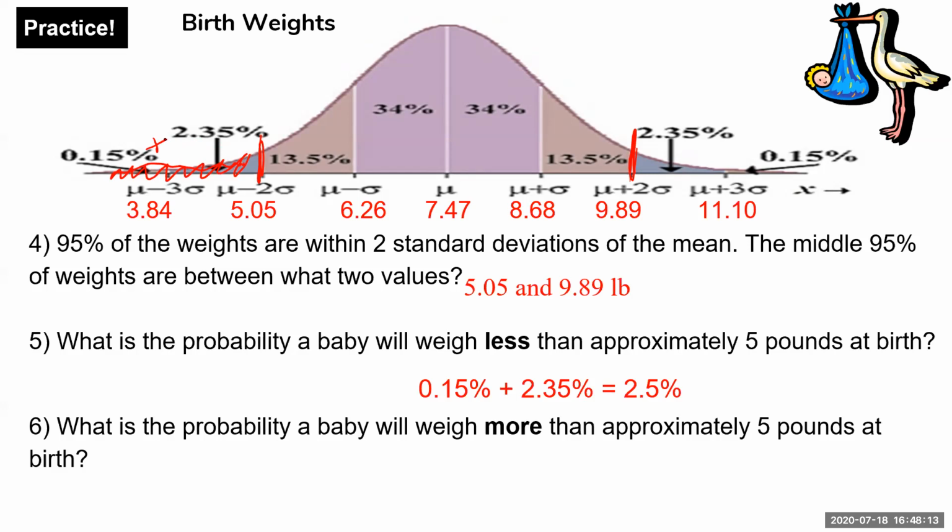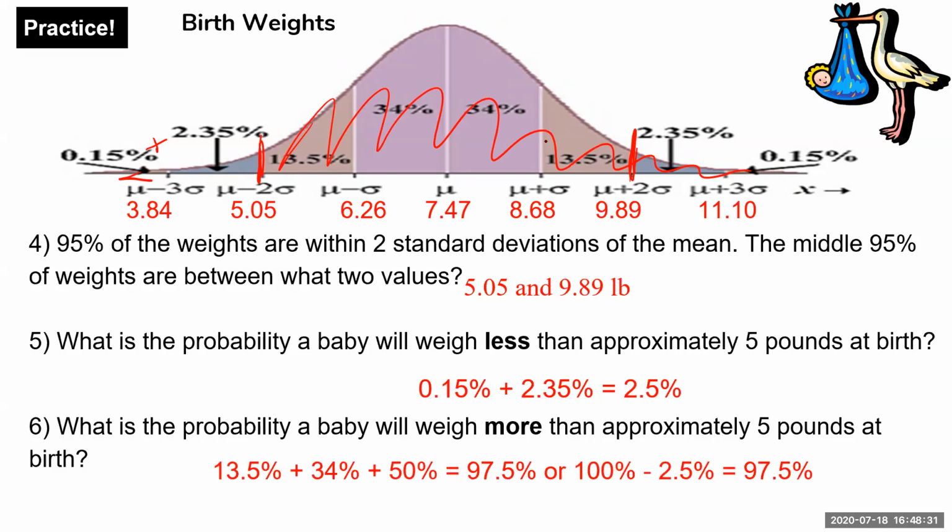What is the probability a baby will weigh more than 5 pounds? More than 5 pounds. So more than 5 pounds is the whole region, right? So half of it is 50%. So 50% plus 34 plus 13.5. And that is 97.5%. So yours is to fill out these values.